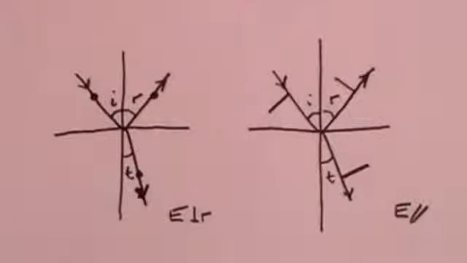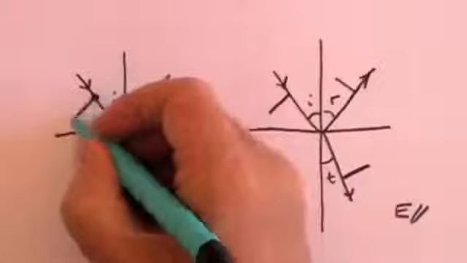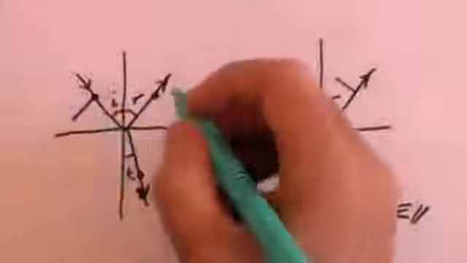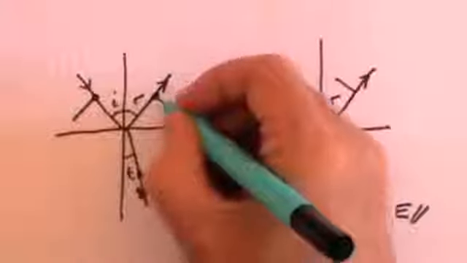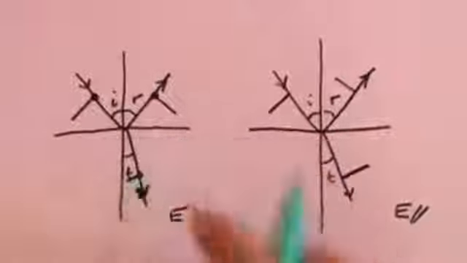Now let's just think about the B fields associated with each of those perpendicular and parallel E fields. Well, the B field for the perpendicular E field will be parallel to and in the plane of the paper. So that's the B field, this is the B field, and that is the B field.